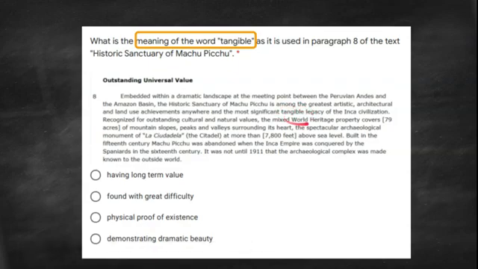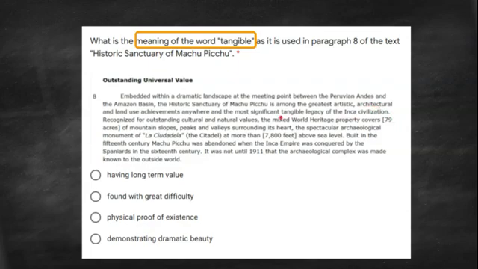If we look at the sentence that it's in, let's back up to, oh, it's all the way up here. "Embedded within a dramatic landscape at the meeting point between the Peruvian Andes and the Amazon basin, the historic sanctuary of Machu Picchu is among the greatest artistic, architectural, and land use achievements anywhere, and the most significant tangible legacy of the Inca civilization."